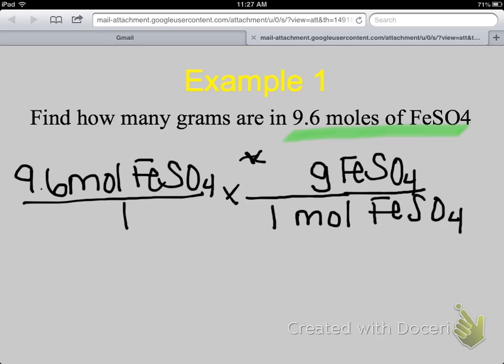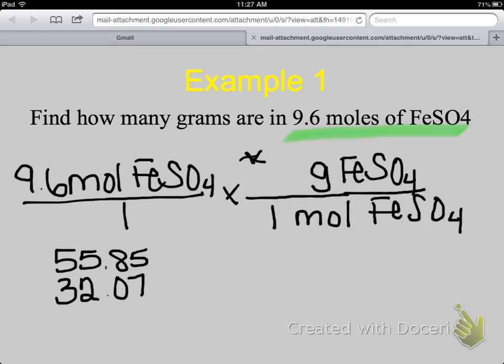So this is where we calculate our molar mass. When I look up my mass of Fe, 55.85, I want to keep like 2 numbers after the decimal point. Mass of sulfur from the periodic table, 32.07. And oxygen is about 16.0.